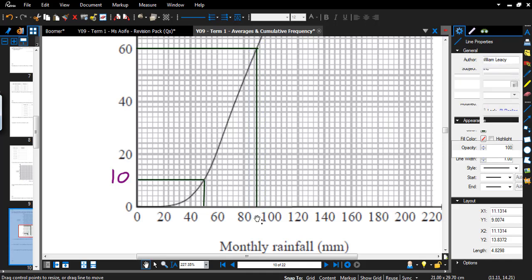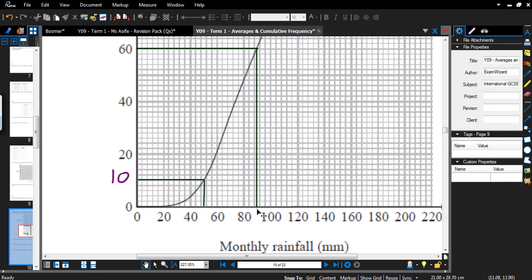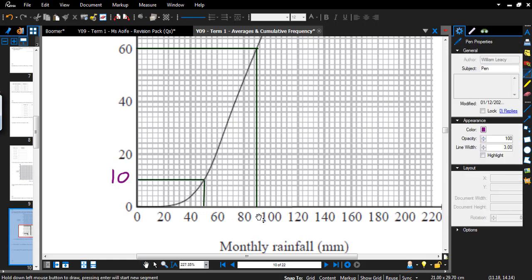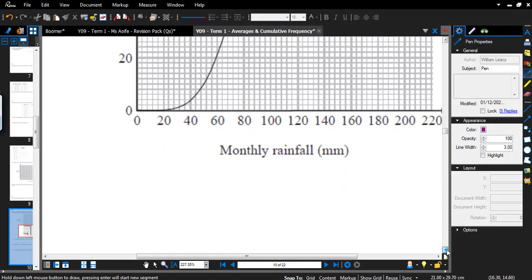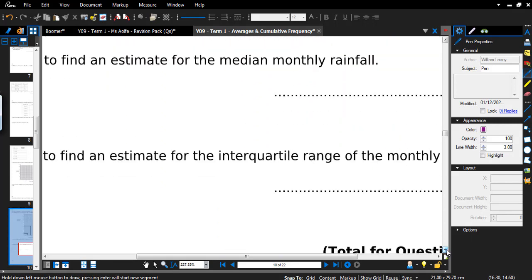So we know that we have 1, 2, 3, 4, 5. So each of these is worth 4. So this is going to be 90. It's right in the middle. So we know that the median is 90 millimeters. Draw those lines in, guys, nice and neat with rulers.